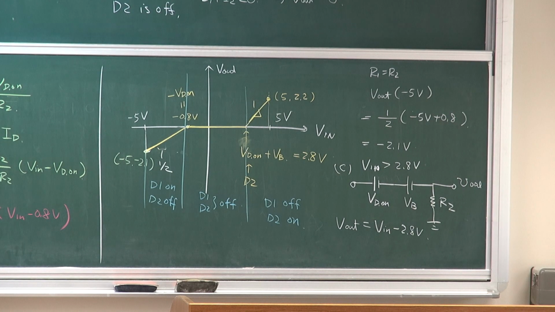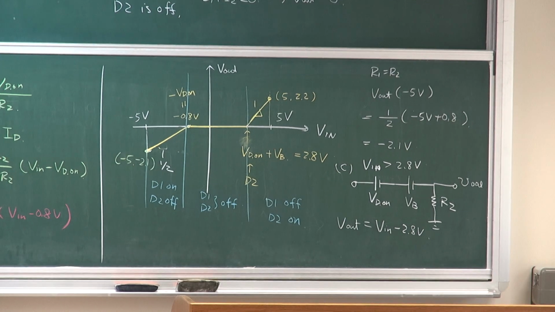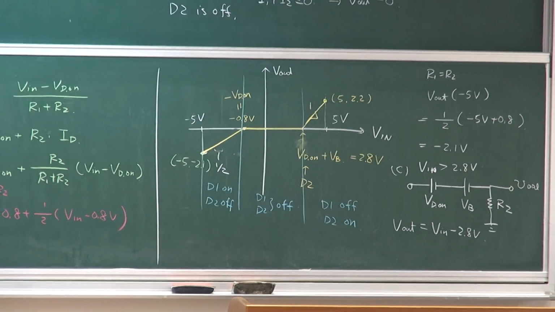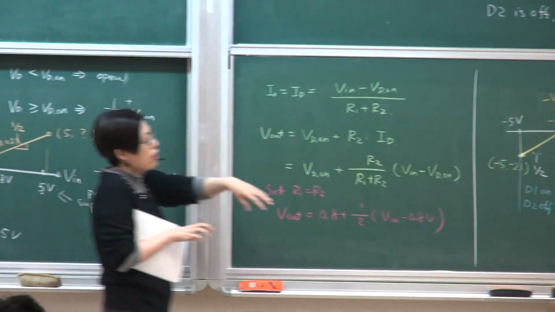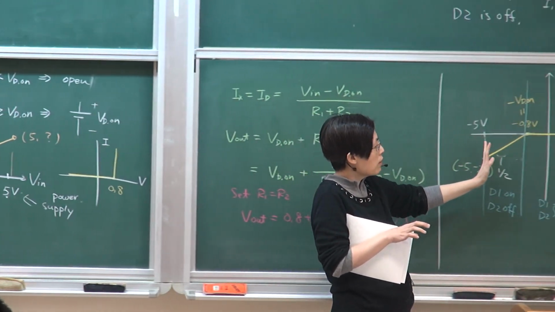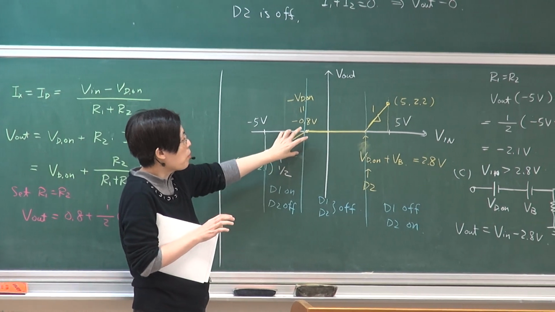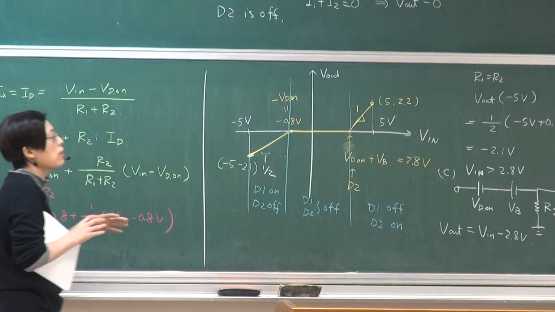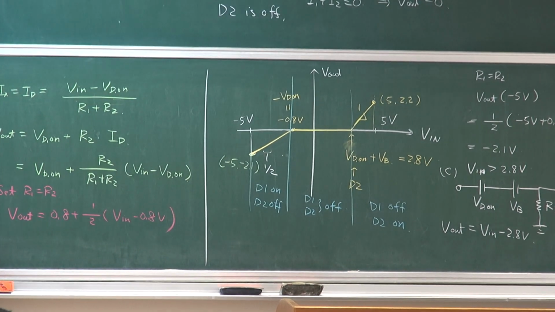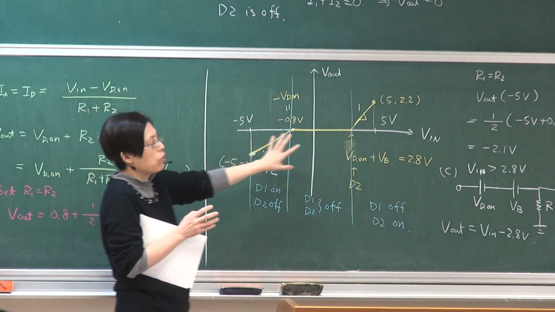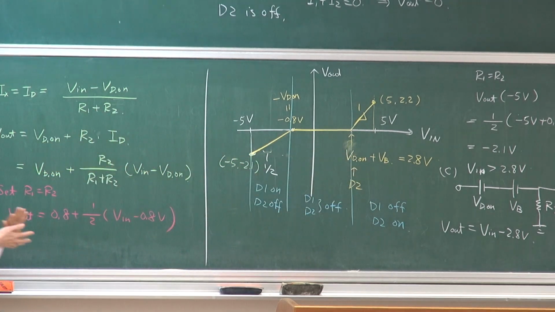So once again, when you're constructing your transfer characteristic, transfer curve, the basic idea is that you start at the boundary and the edges and look at the condition of each device. And then move along, once you pinpoint a particular setting, you get a slope, you find out where the turning point is, and then you can draw the plot and find the characteristic at each zone individually.